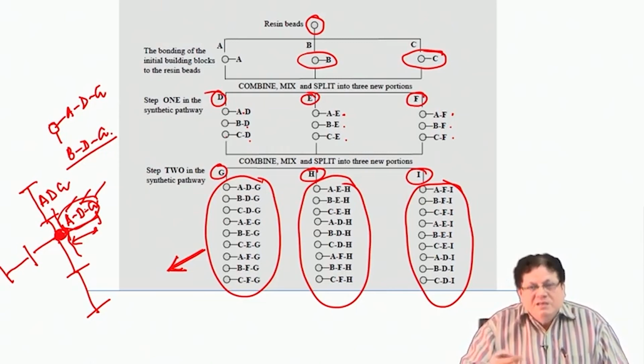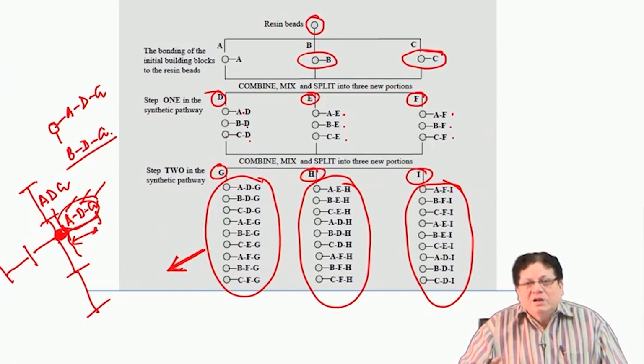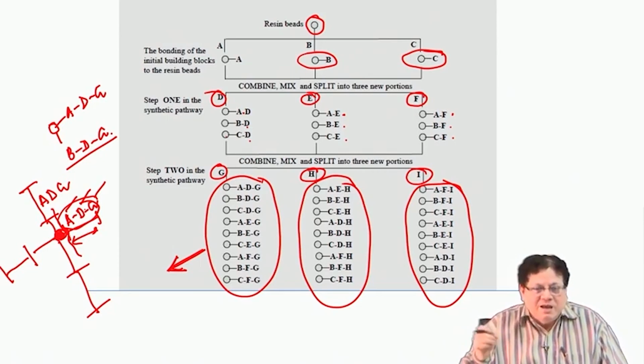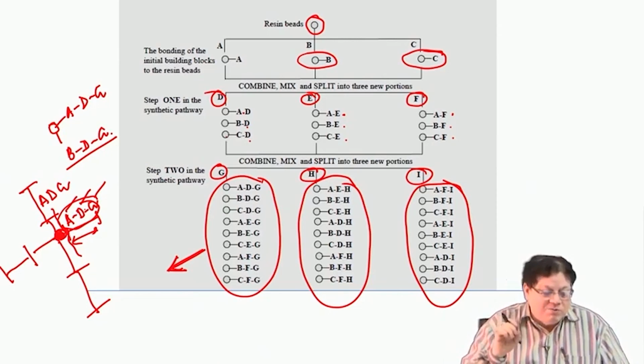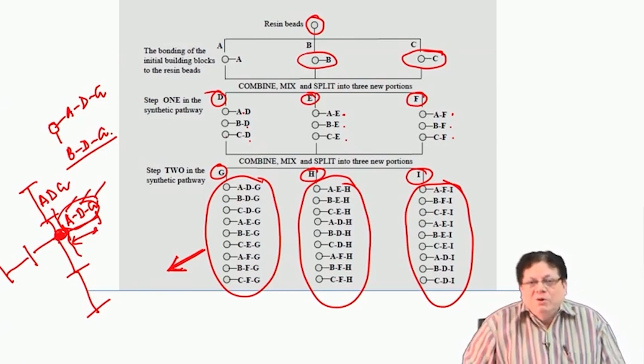These are easier ones, where you can do Edman degradation or Sanger's method to know the sequence. For other compounds, if A, B, C are different types of chemical entities, then it will be very difficult to really know the structure of the compound that is attached to a particular bead.